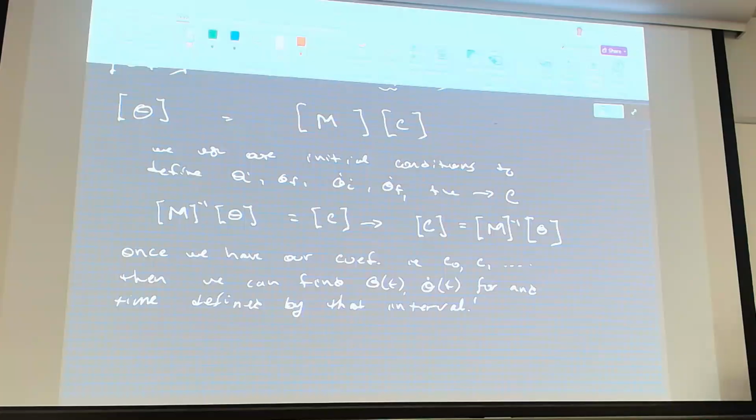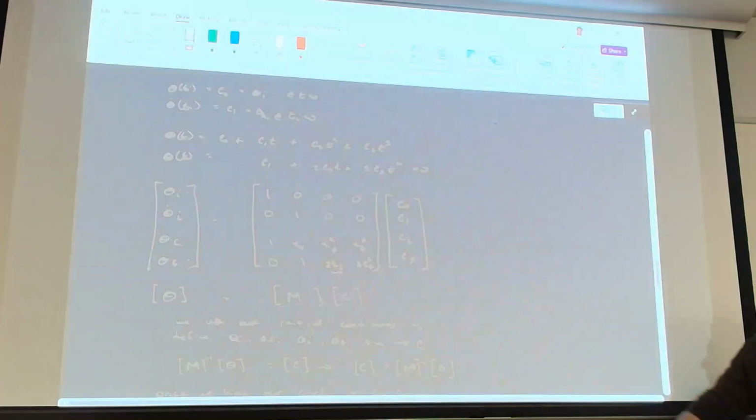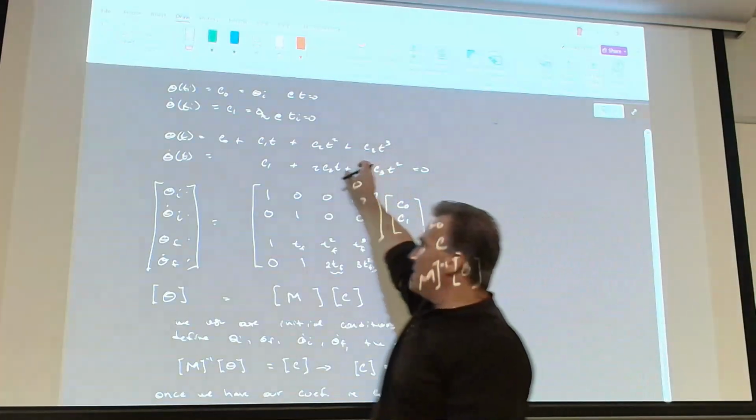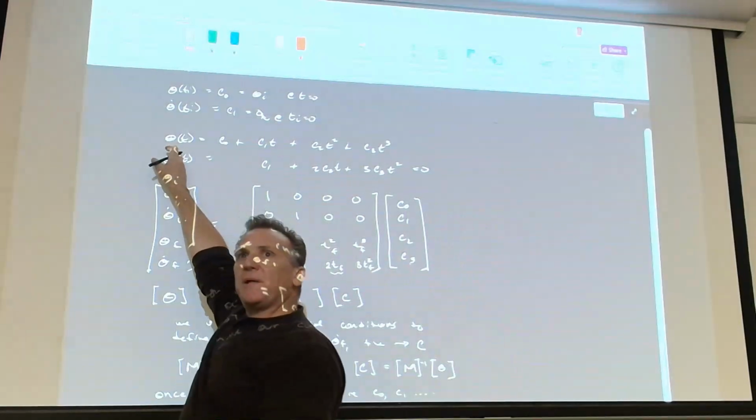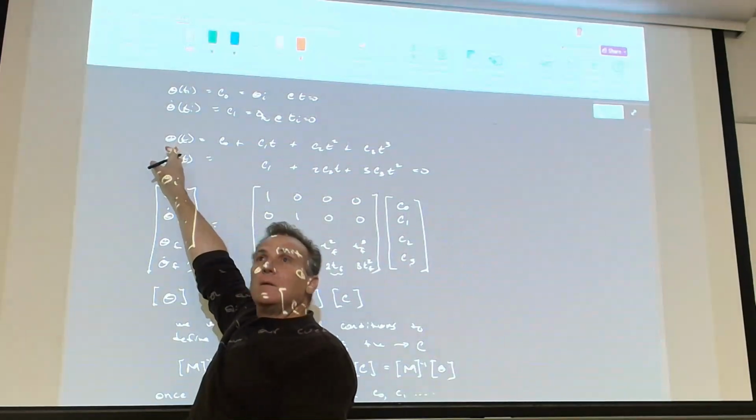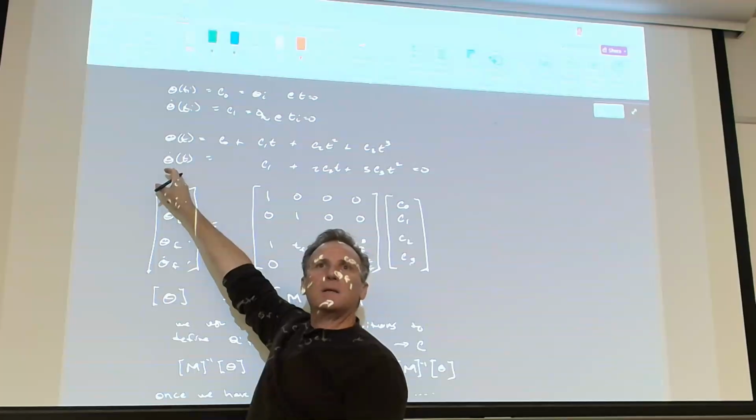What do I mean by that? This is my equation of displacement. This is my equation of velocity.